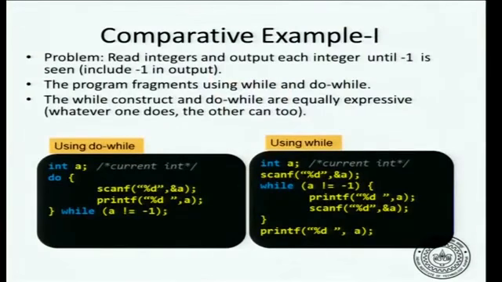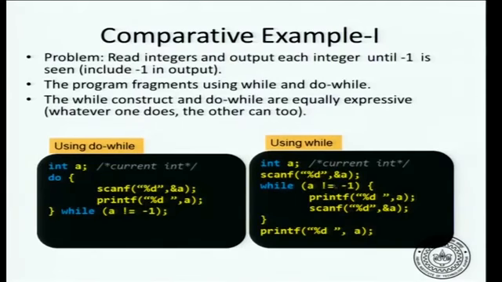So what you do initially is you declare a variable, then scan the variable. If the variable is -1, you immediately exit out of the loop and print -1 and finish the program. If the number is not -1, you print the value and scan the next number. If the number you scanned is not -1, you just print it and repeat the loop.